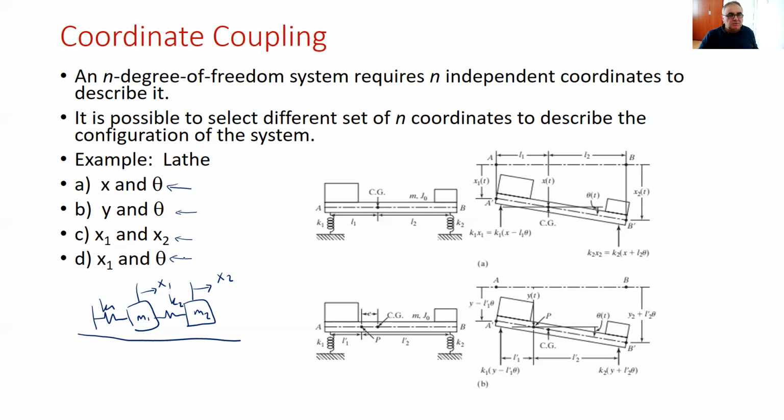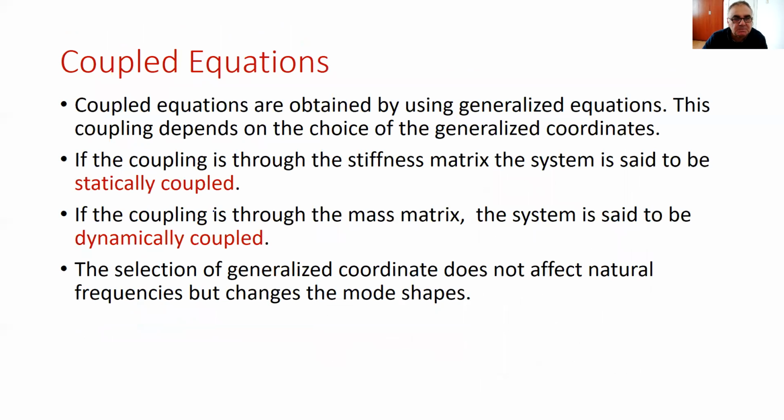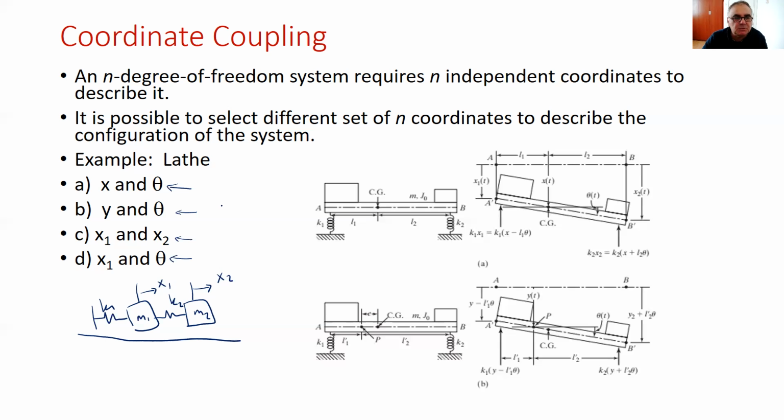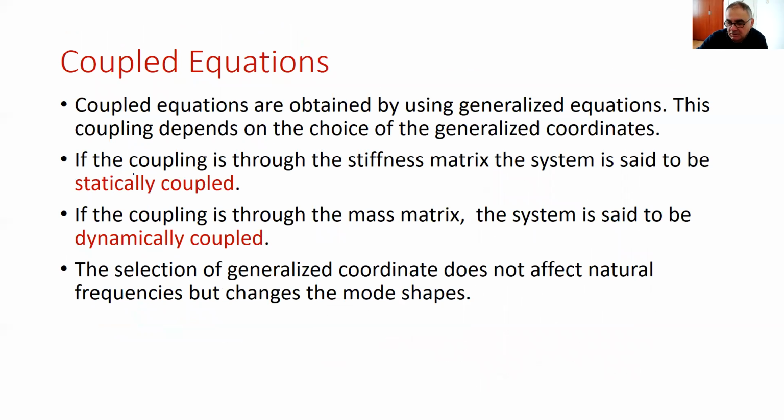The system has 2 degrees of freedom, but the equations you write for each of these coordinate choices will be different. Let's see how they will be different. First of all, the equations you will be writing with all these coordinates are going to be coupled. That is, the x equation will contain theta terms, and the theta equation will contain x terms, and so on.